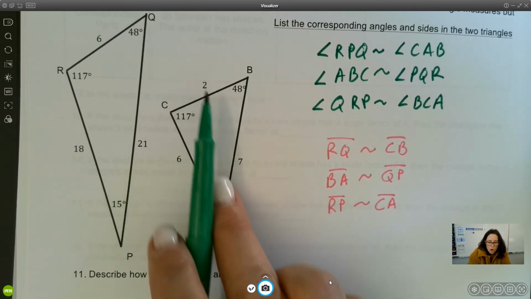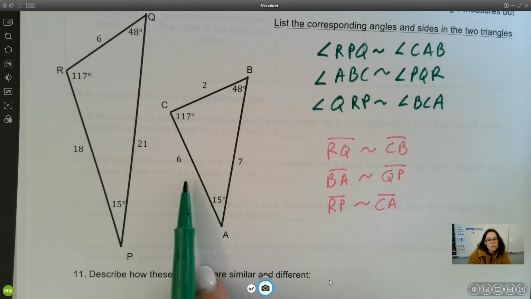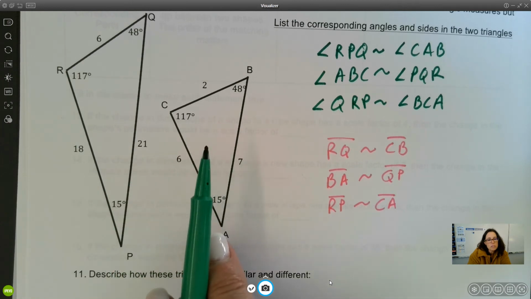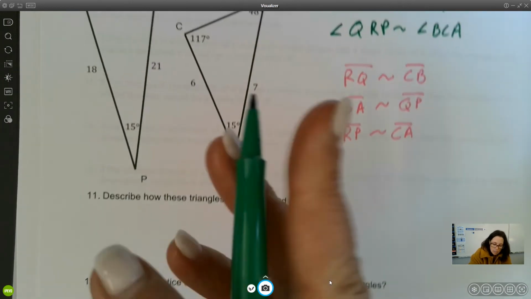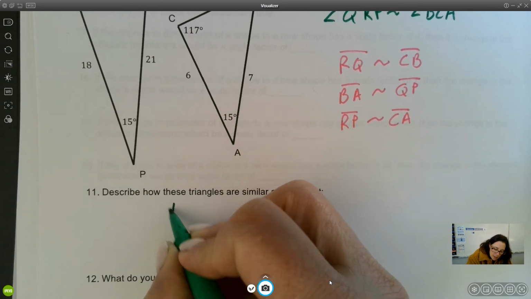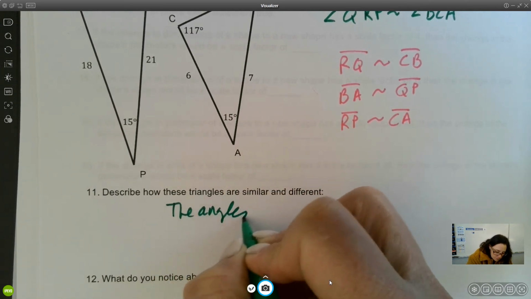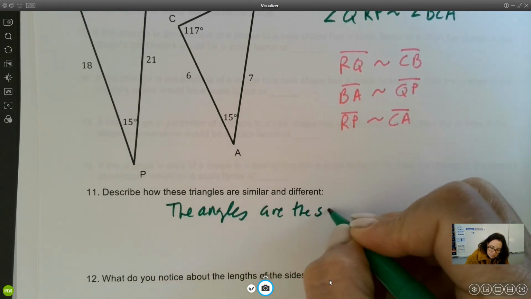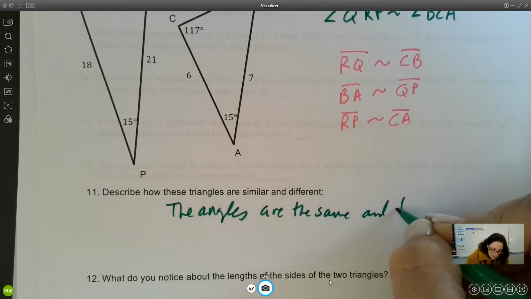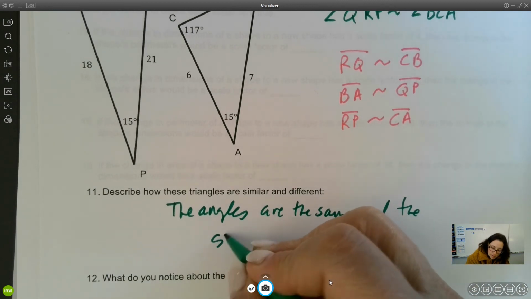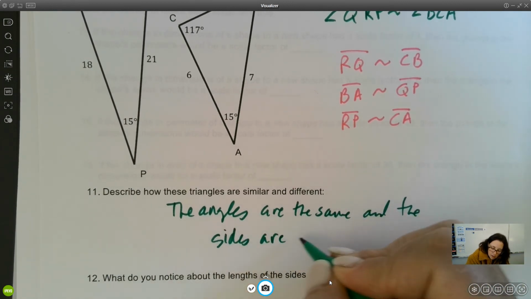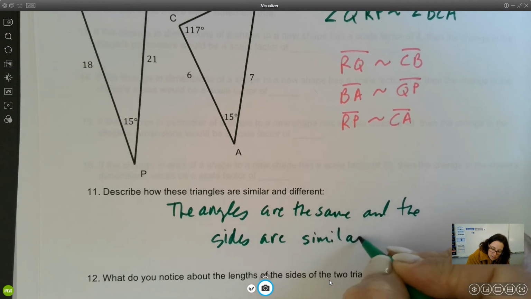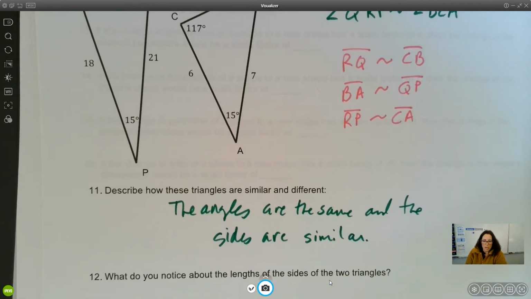These are shrunk by 1/3, depending if you're going from big to little or little to big. So the angles are the same, and the sides are similar. Similar means they're proportional to one another.